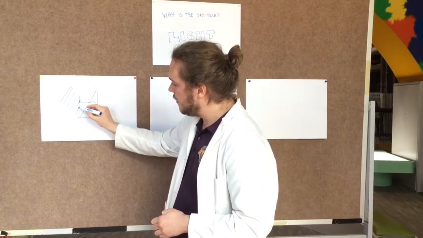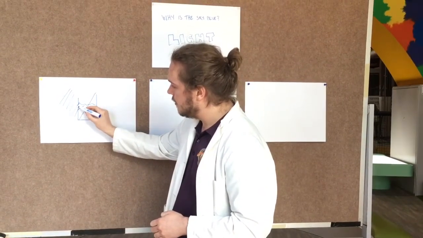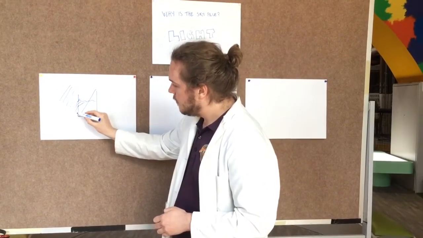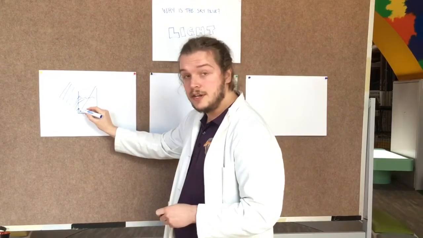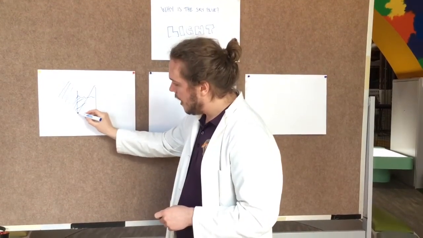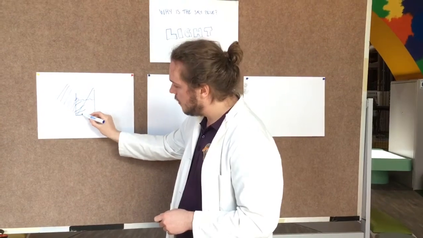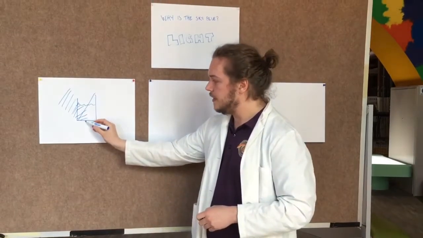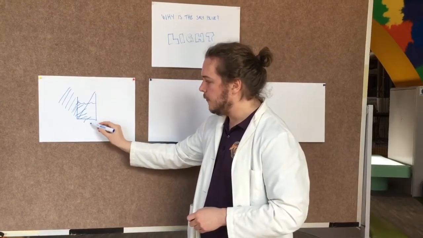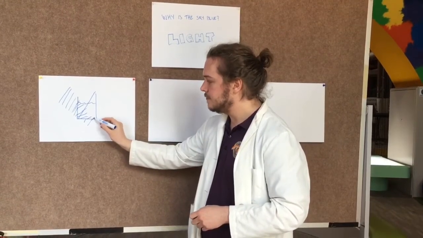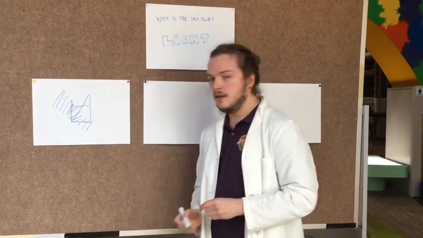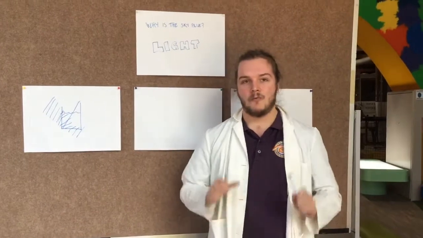So they begin to bend a little bit. So it continues entering a bit more and a bit more as the light slowly bends more and more until it comes back out the way it entered. So that is what we call refraction.